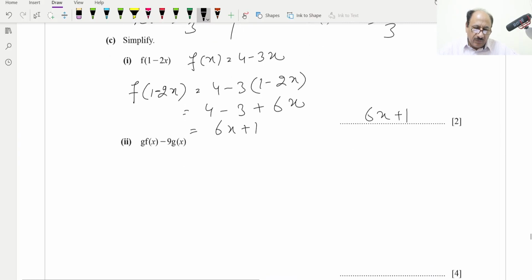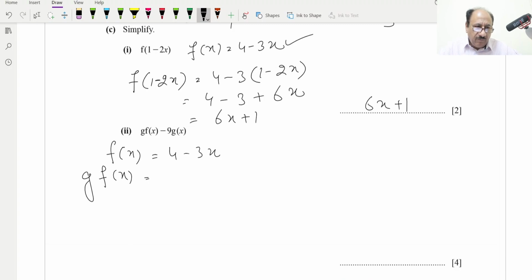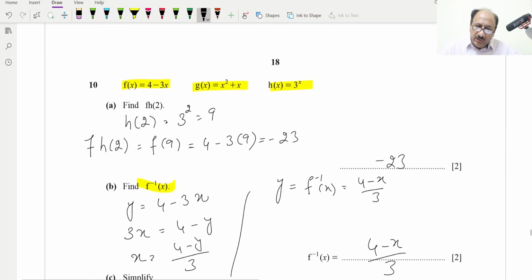And now we have to find g of f of x minus 9g of x. So f of x, we know, is 4 minus 3x, and now we can find g of f of x. g of x is given over here, which is x squared plus x.